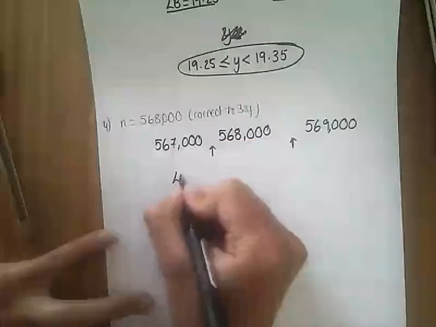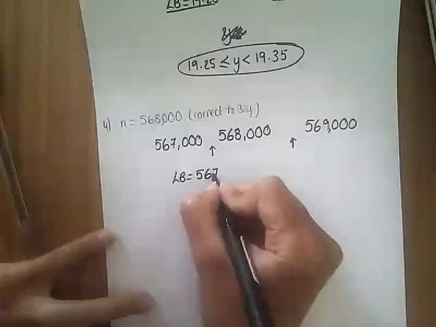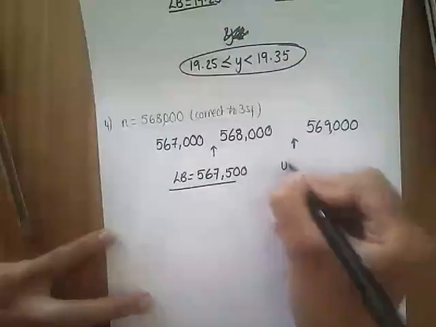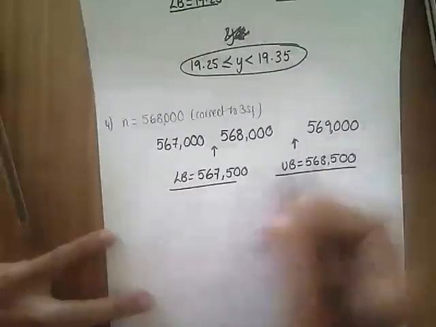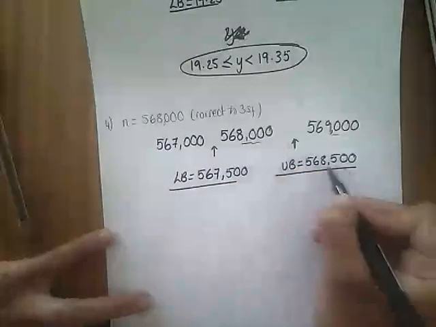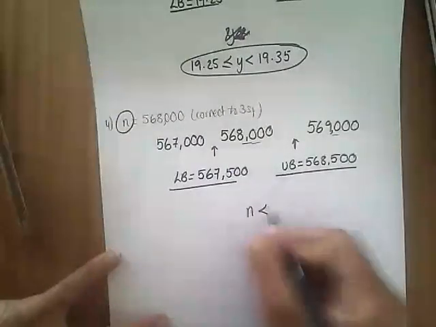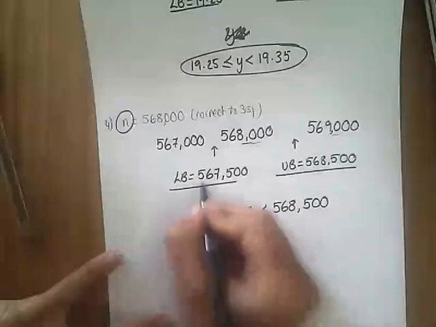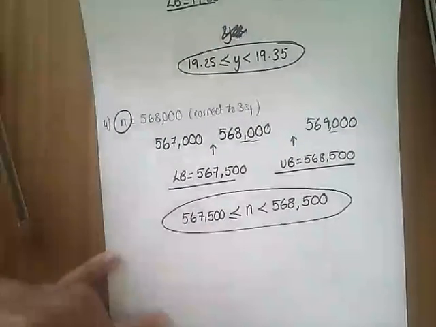So our lower bound is going to be 567,500, and our upper bound is going to be 568,500. Okay, think about it, halfway between 568,000 and 569,000 is going to be 568,500. Okay, so our error interval is called n now, so n has got to be less than 568,500, but bigger than or equal to 567,500. That is your error interval.